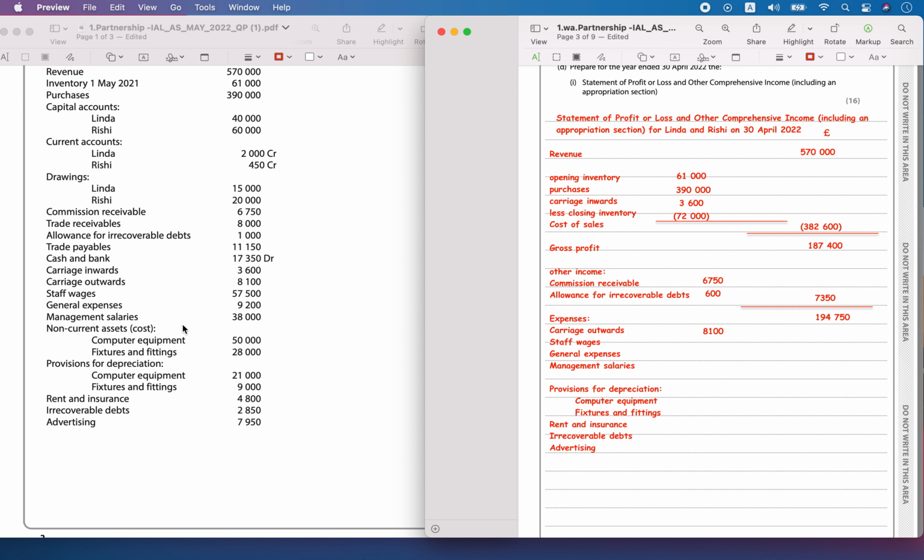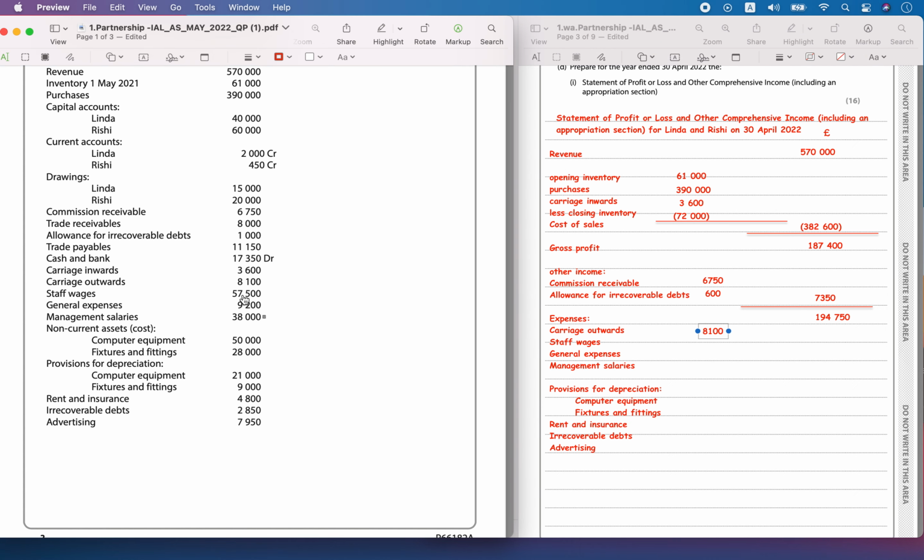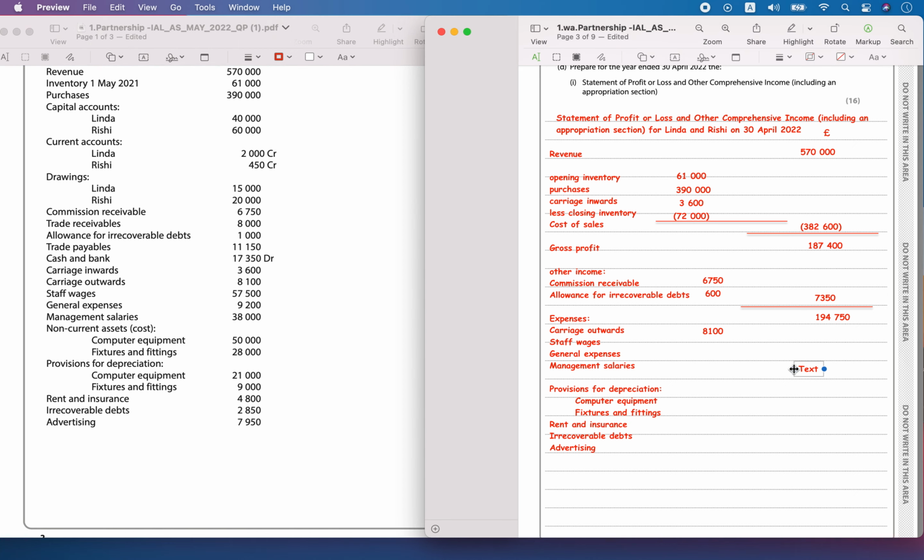Now let's write all the expenses. Carriage outwards, as I already mentioned, is paid by the business for delivering the product. So that's 8,100. Then staff wages 57,500.